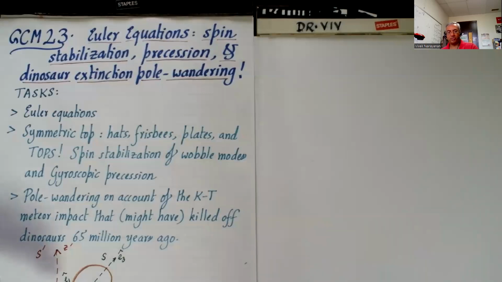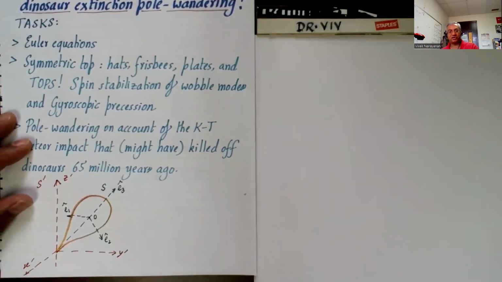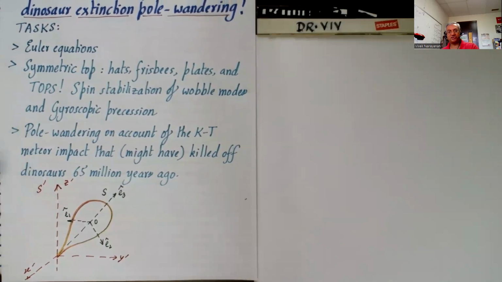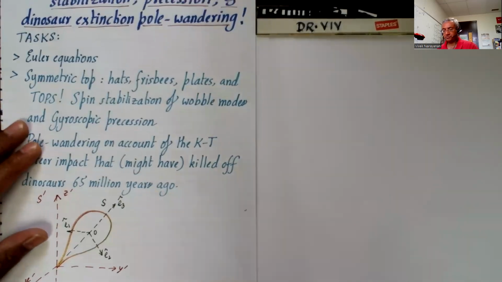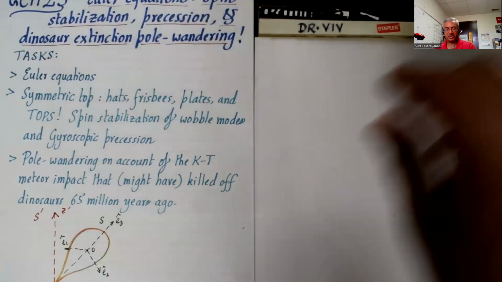And then the most recent example in our recent history is the great extinction that is suspected to have killed off all the dinosaurs 65 million years ago. I said it might have because there are competing theories that place more emphasis on volcanism or volcanic activity in the Deccan Traps in southern India. Anyway, let's now get to the tasks at hand, starting with Euler equations.